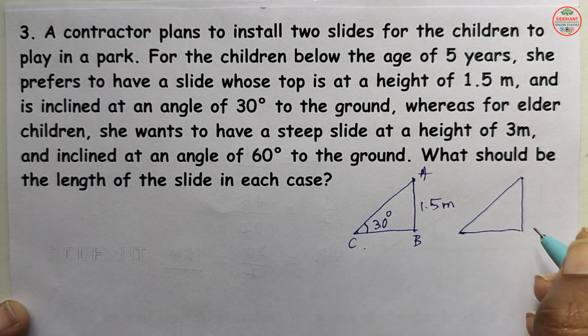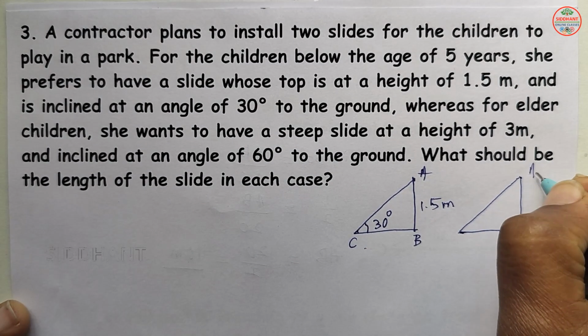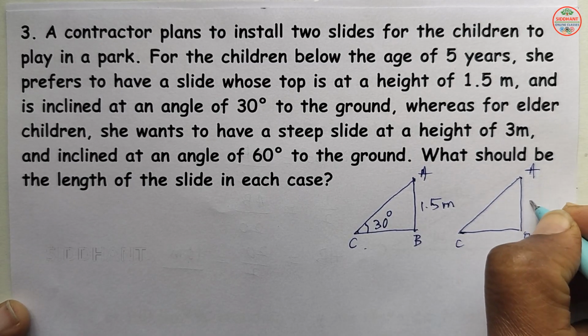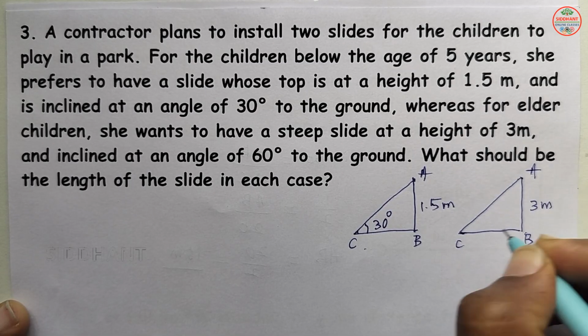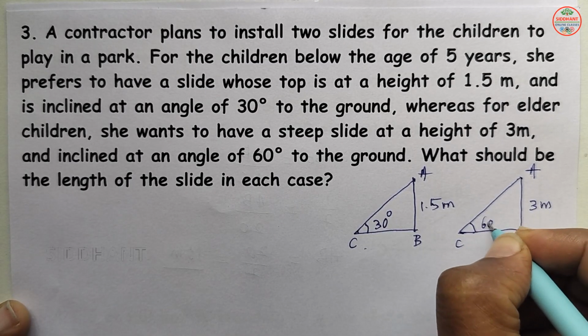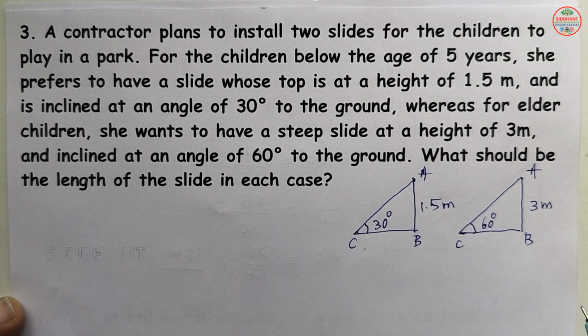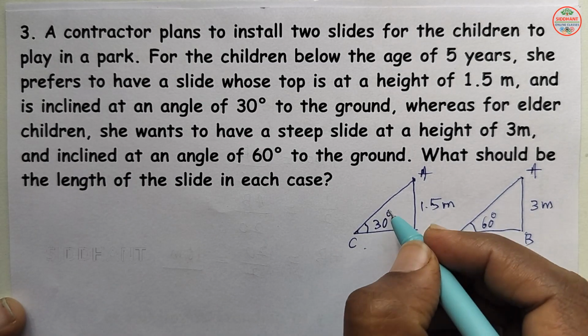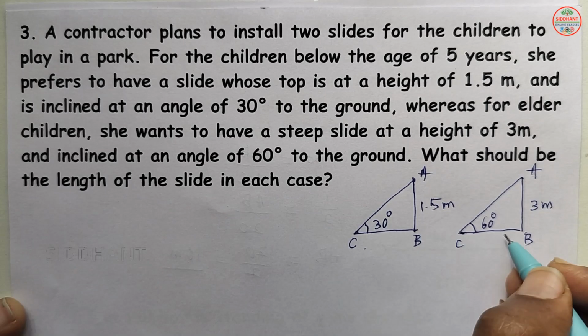Next, ABC with height 3 meters and angle of 60 degrees. So now we are going to find out AC in both the figures.